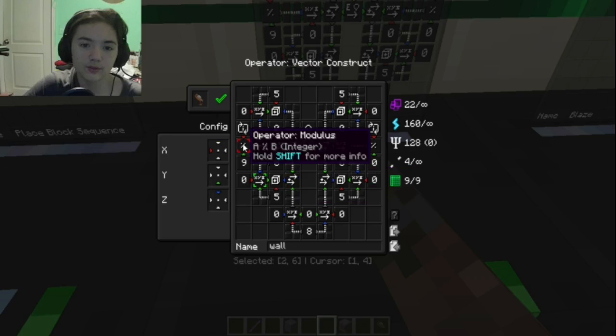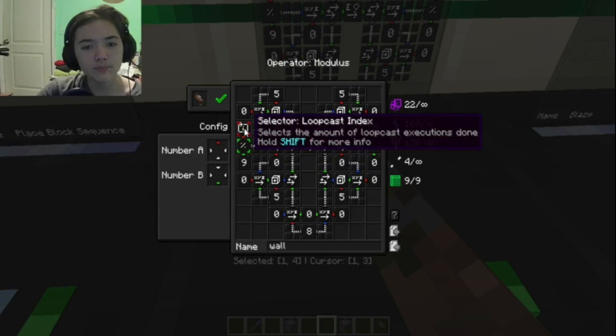Next part of the spell, Operator Modulus. This essentially divides number A by number B. So this loopcast index, which selects the amount of loopcast executions done, it essentially puts a limit, because when you do a ritual spell, you continually cast a spell into your mana stream.